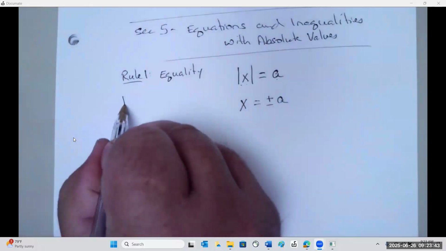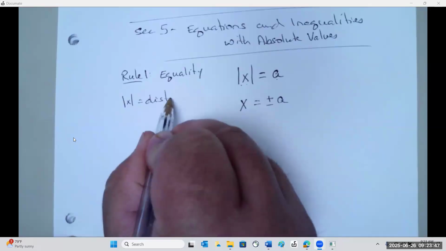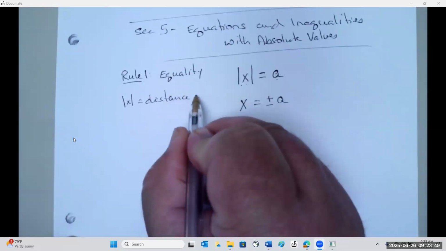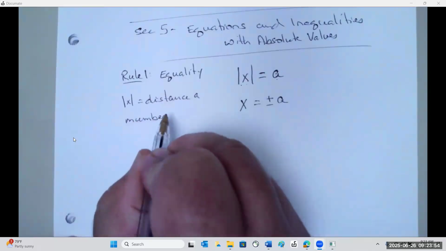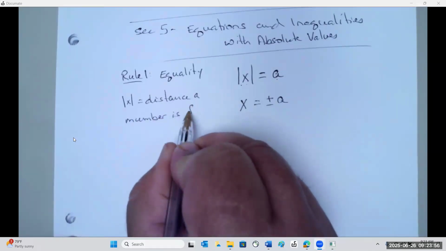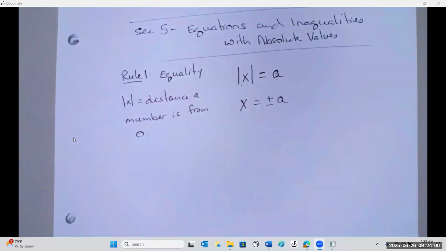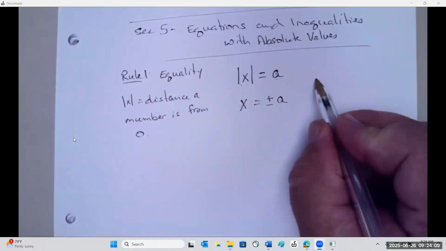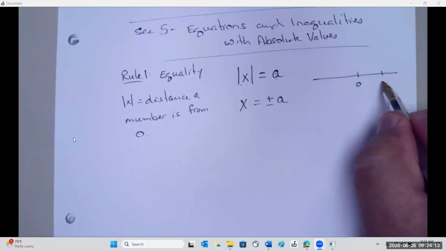Absolute values: the distance a number is from 0. So if we drew a graph here, here's 0, and let's say that's a.